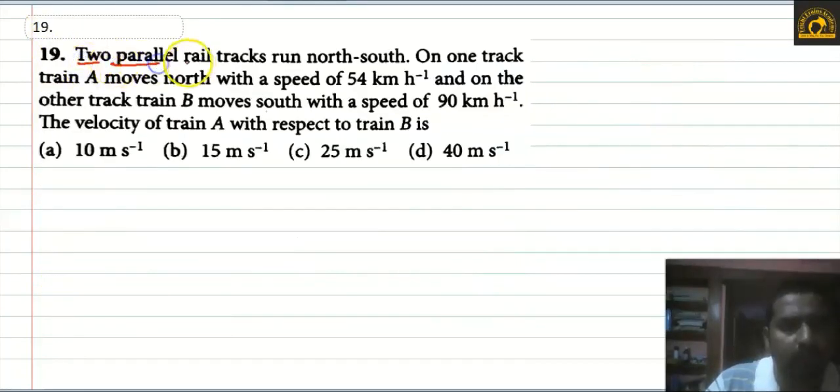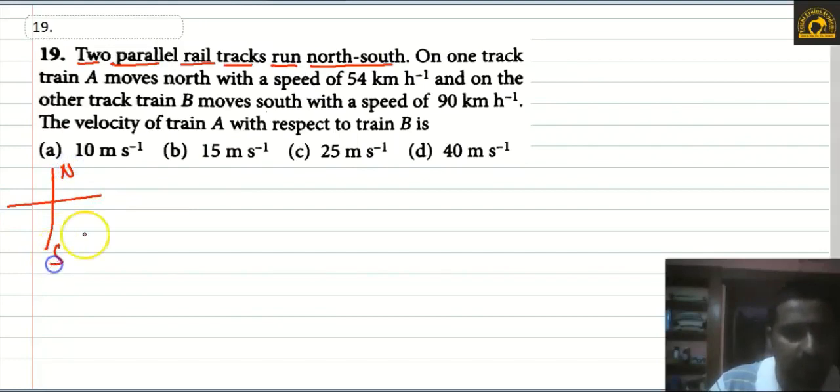Two parallel railway tracks run north and south. So this is the direction: this is north and this is south. On one track, train A moves north.